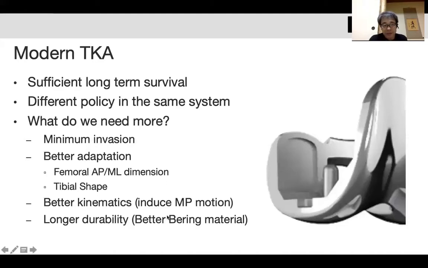Another way to achieve longer durability is to combine vitamin E into the bearing polyethylene. I will say more detail about this material and this new type of knee next week.